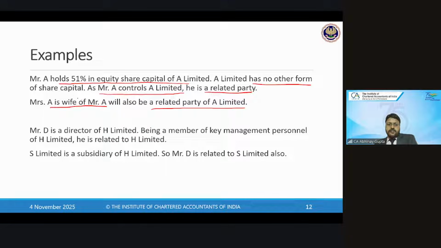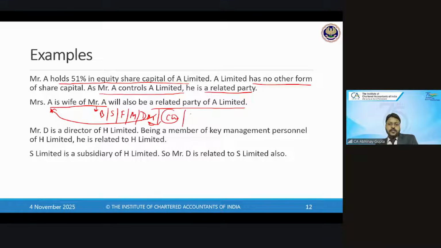Then suppose Mr. A has a brother B, covered, yes or no? Covered. Sister S, covered. Father F, covered. Mother M, covered. Or any domestic partner. Then children with the spouse as well as with the domestic partner are covered.